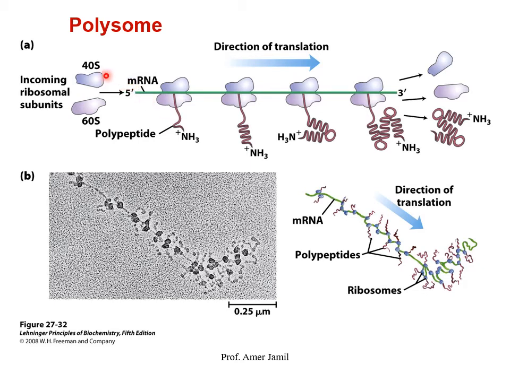Here is an example of eukaryotic cells, 40S and 60S subunits, and this is called a polysome, multiple ribosomes doing translation on one messenger RNA, and different polypeptides are being generated. And this picture comes from an electron micrograph. It was seen under the electron microscope, and from there this cartoon was deduced.